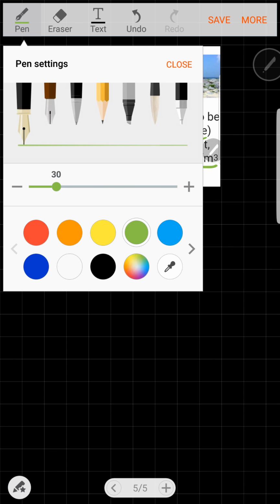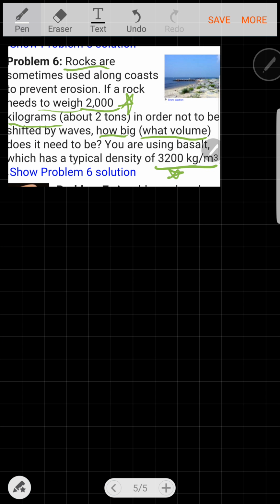So we're going to start the GUESS method, and we're going to use the density triangle. It's asking for volume, and you're given the density and the mass. So we're going to write down the GUESS right here, G-U-E-S-S. You're going to write down your givens.